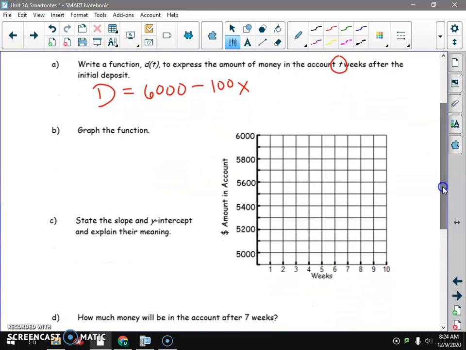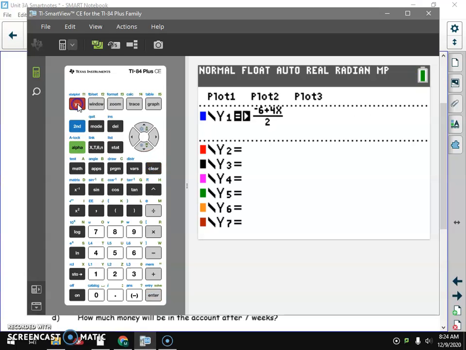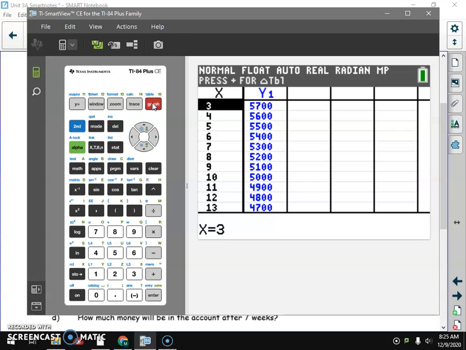So there's our function. Now we're going to graph it. Let's plug it into our calculator. Let's get a table of values. Clear. Y equals 6,000. Whoops, let's clear everything out. Sorry. 6,000 minus 100x. Let's go to second graph.